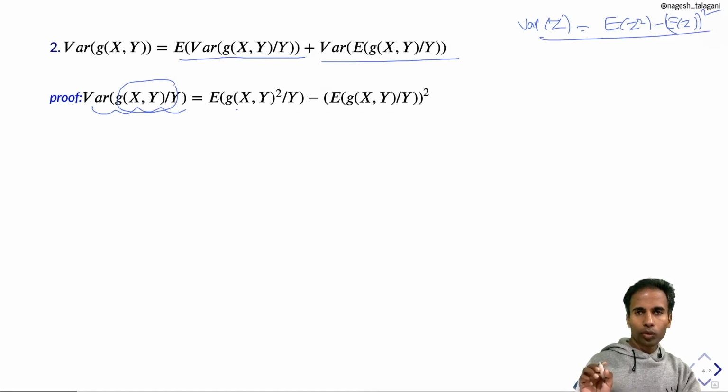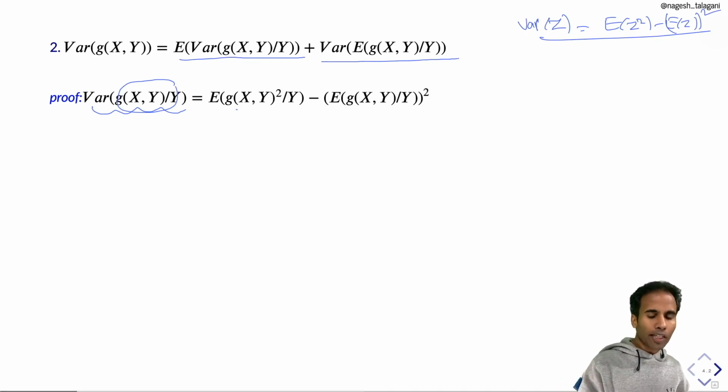The square is not a division thing, it's a given thing, just following this rule. So I can write this conditional variance of g of xy given y like this: expectation of g of xy whole square given y minus expectation of g of xy given y whole square.